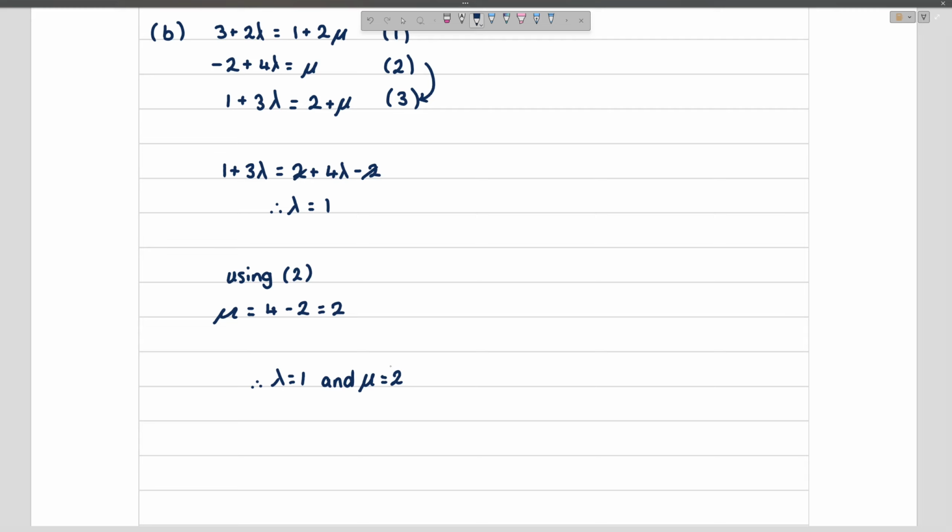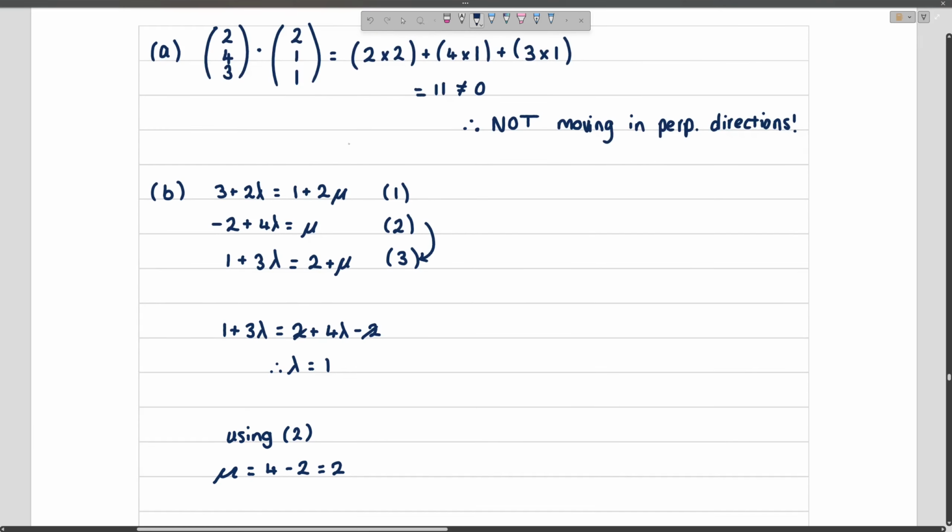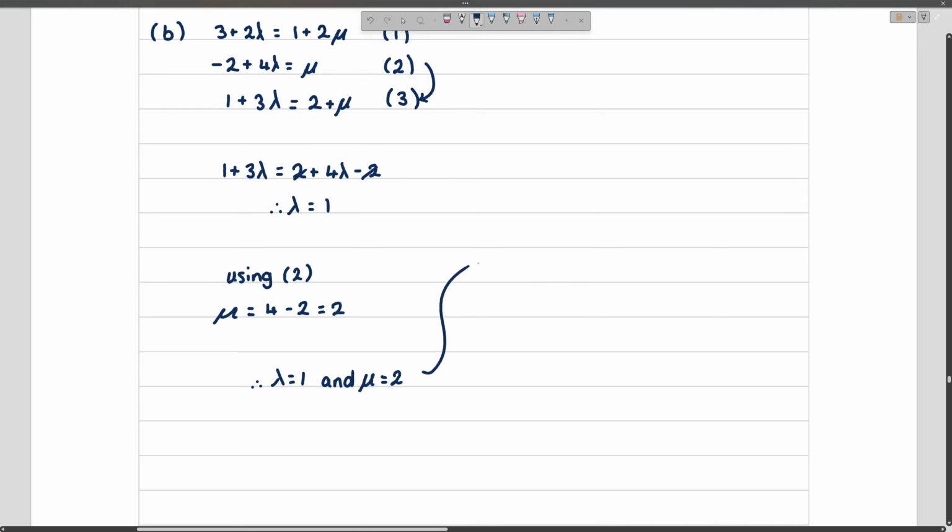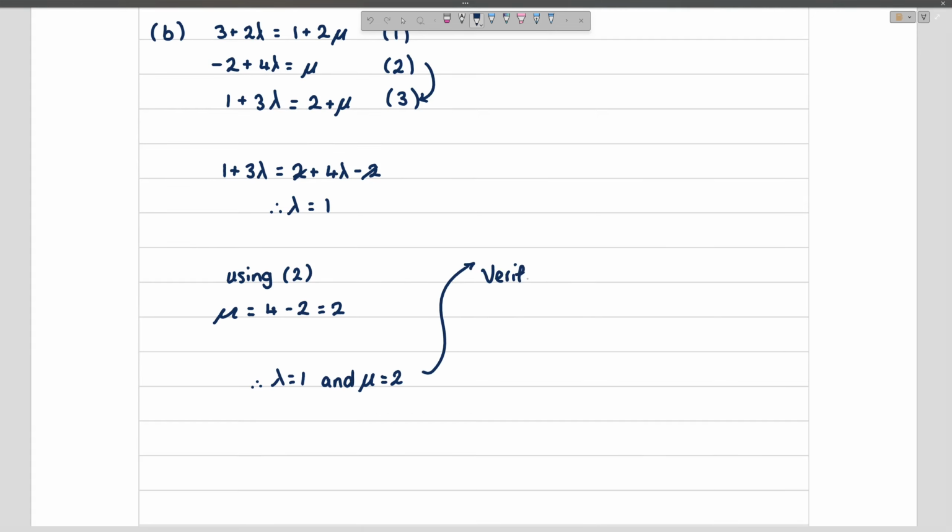Now what I need to verify is that these two solutions, λ = 1 and μ = 2, do hold for the first equation, equation 1. So let's make a note here: verify for equation 1.